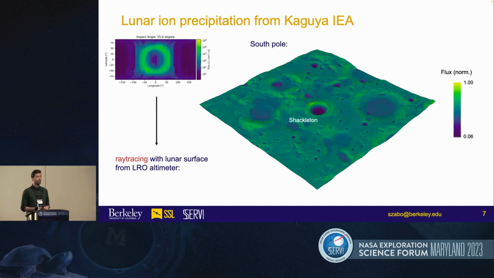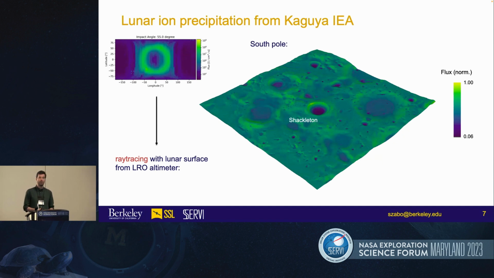And the color denotes the impact fluxes from our ray tracing that is fed with the Kaguya data. And we can see these nice local contrasts. In yellow, you have higher fluxes on some slopes or on the crater rim of Shackleton, where there is easier access for the essentially parallel flowing solar wind.